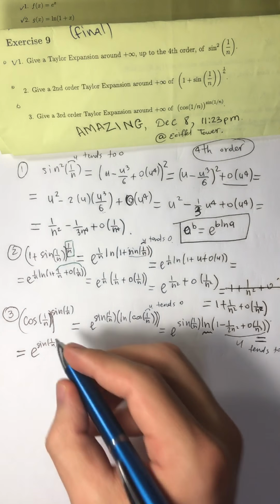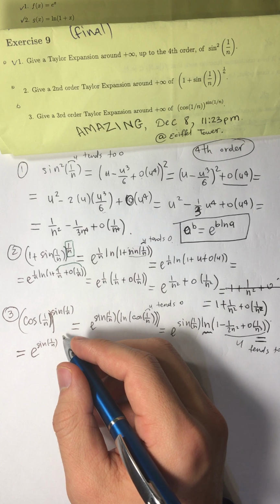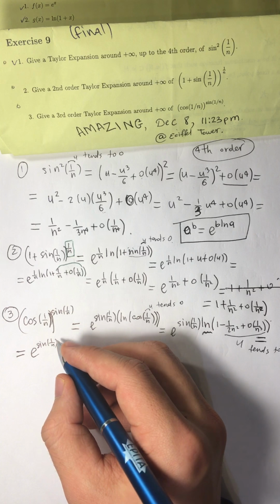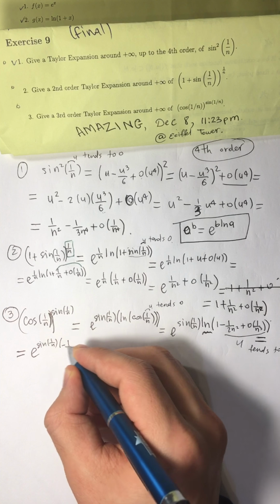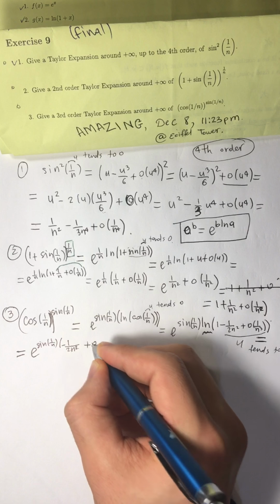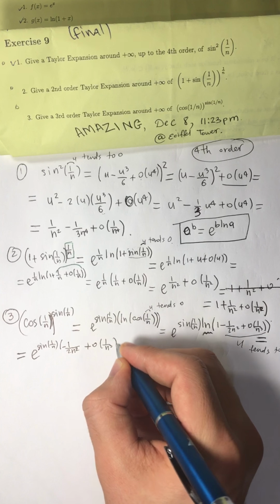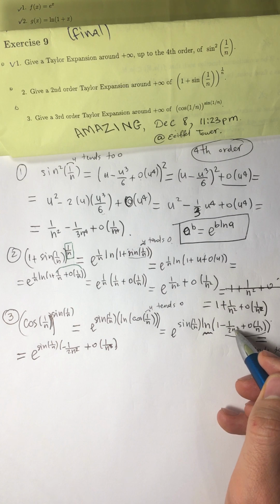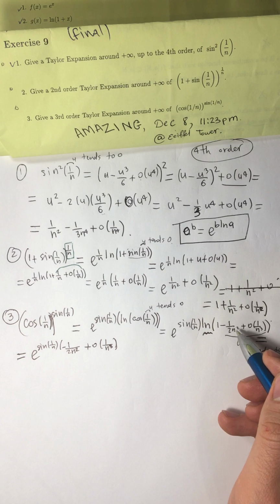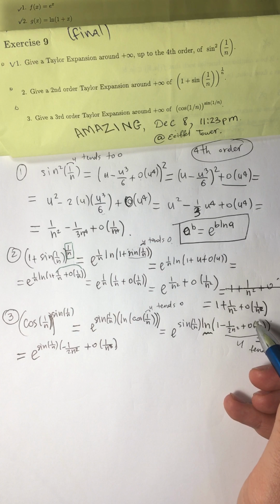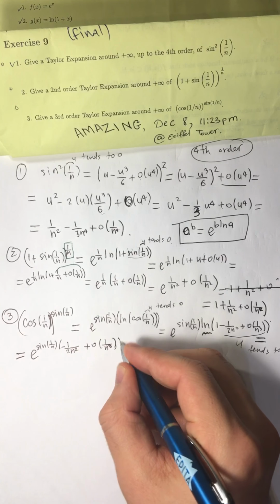If you use formula number 5, we are going to have minus 1 over 2n square plus o(1 over n cube). Because if you take the fourth order here, you are going to have 1 over n to the 4, and you don't need it. Because we need only cube, the third order, I'm just taking this one here.